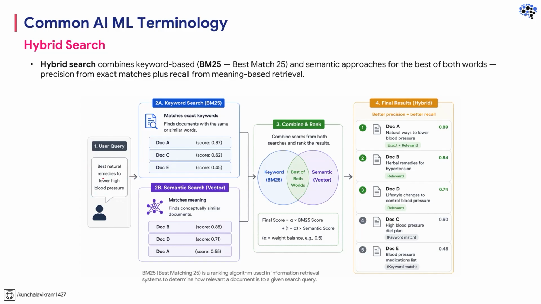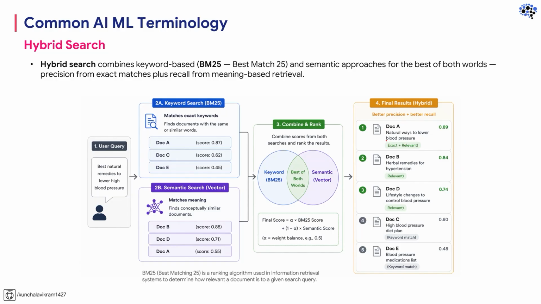In this case, you can see the question like best natural remedies to lower high blood pressure may result in multiple chunks having the answer or information for that question. But using both BM25 and semantic search, we can re-rank in such a way that doc A contains both the exact answer to my question and the most relevant answer. So we can re-rank them.